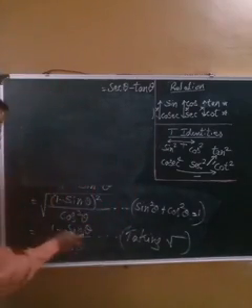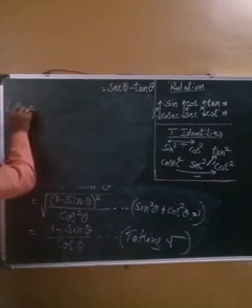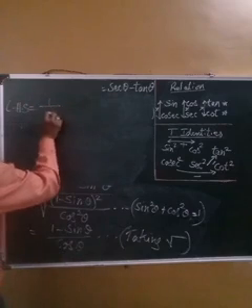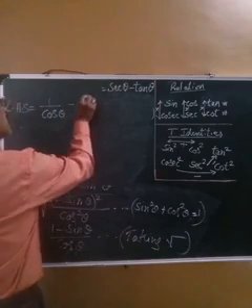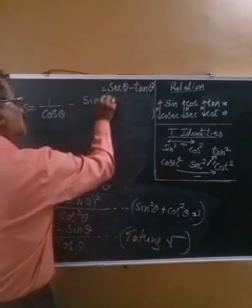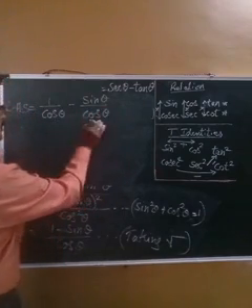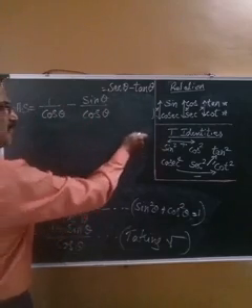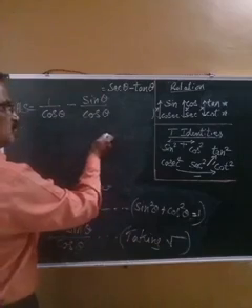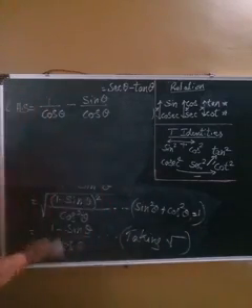If you separate this 1 and sin theta, we get LHS is equal to 1 upon cos theta minus sin theta upon cos theta. If the denominator is same, what do we do? Like 2 upon 3 plus 5 upon 3 gives us 2 plus 5 upon 3. So here we have done the reverse order.